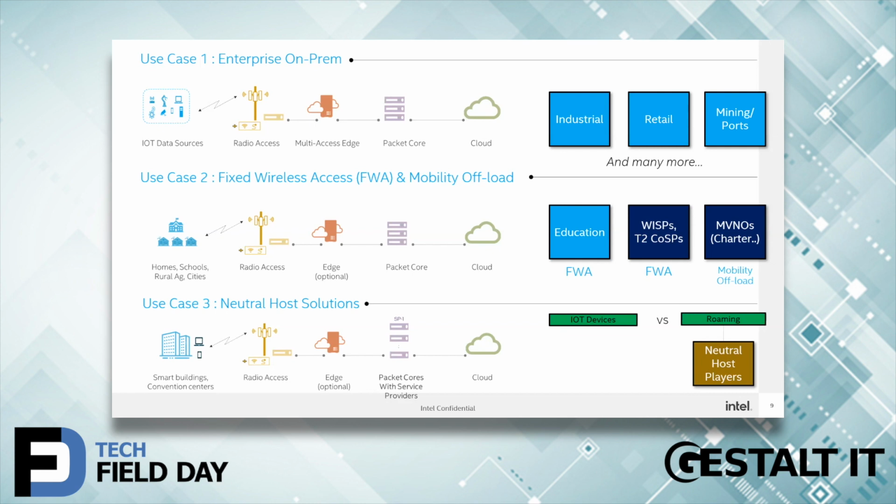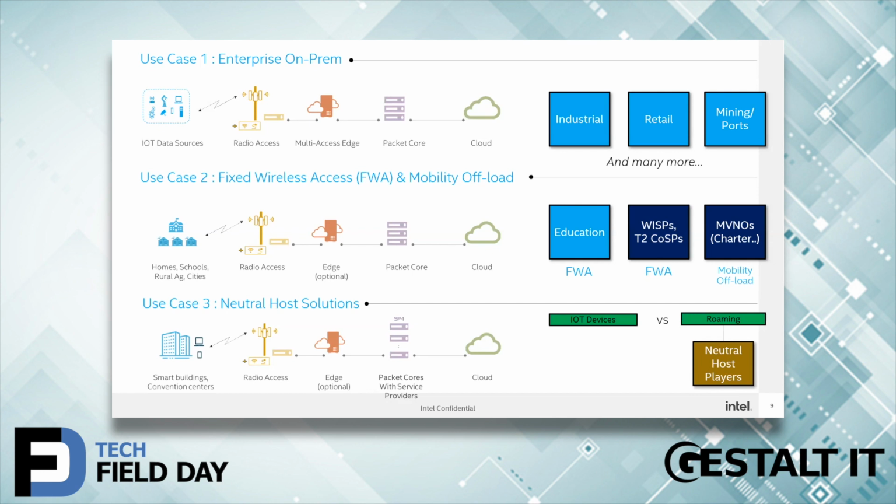And the third one is the neutral host solution. Think about buildings, smart buildings, or stadiums. There are primarily two types of use cases that we are seeing in the neutral host solution. One is in buildings, where you have smart sensors, and connecting these sensors to the private network with better reliability provides much better information to the smart building owners.